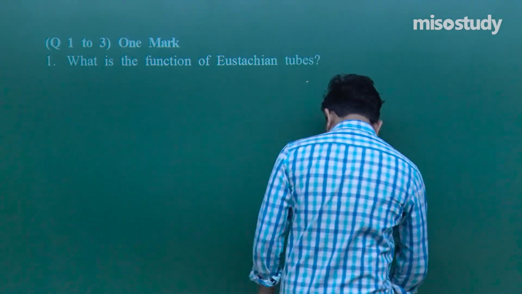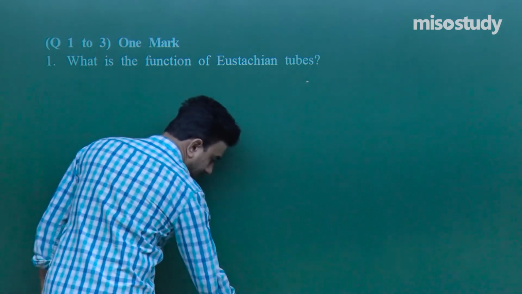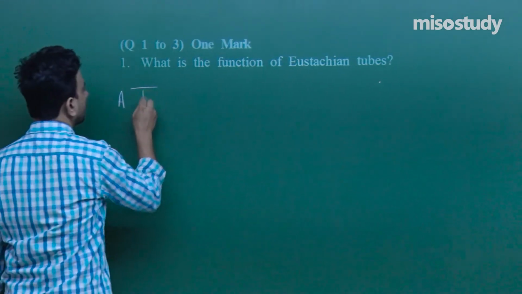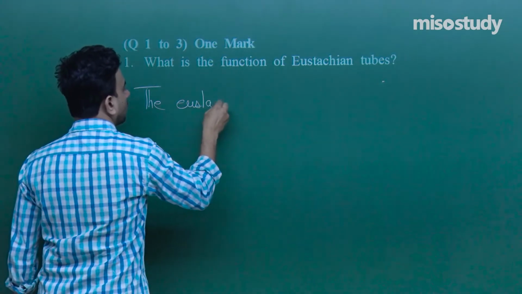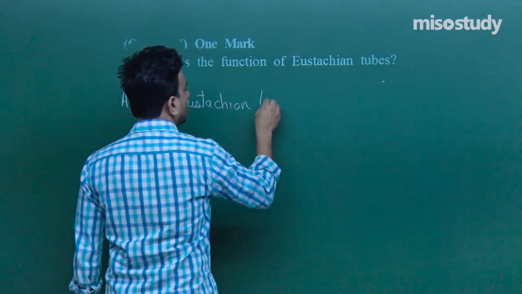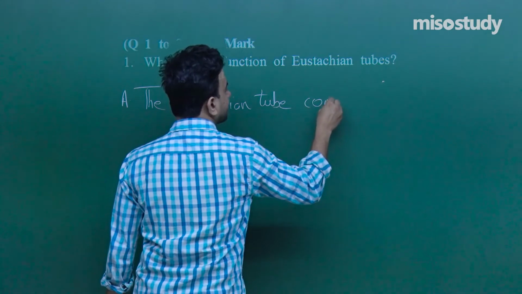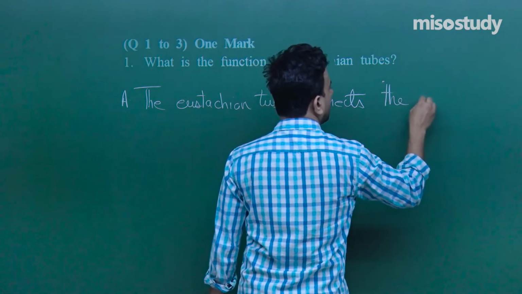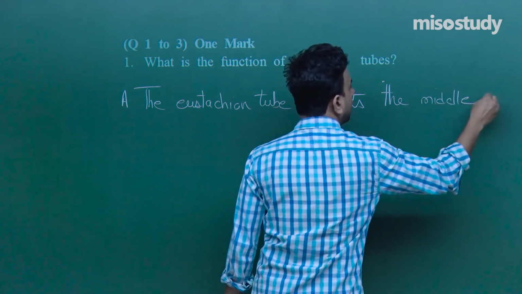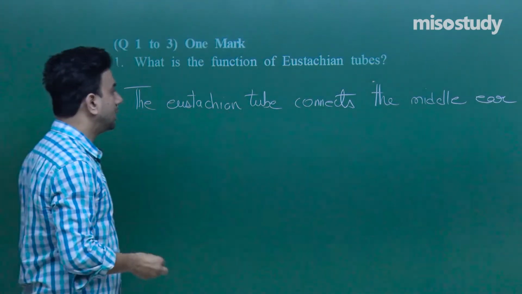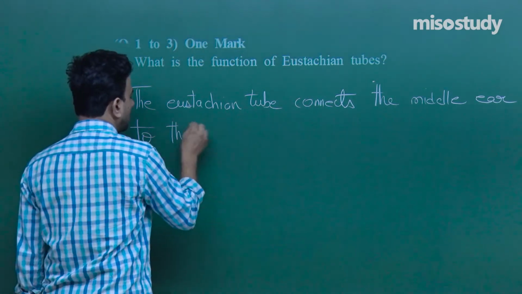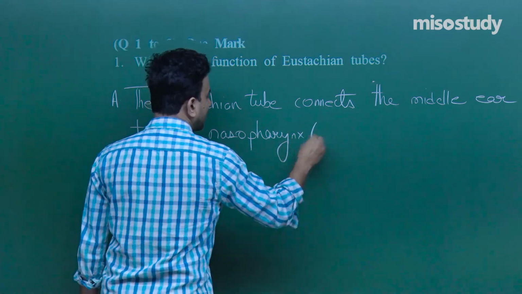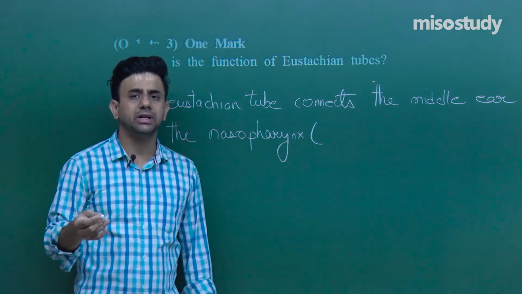So I am going to write this down, that the eustachian tube connects the middle ear to the nasopharynx, and we have already said what the nasopharynx is. That is that part of the pharynx which is behind the nasal chamber and the nasal cavities.